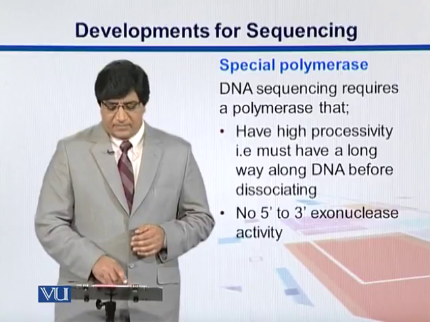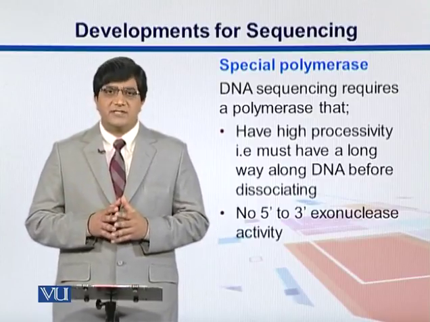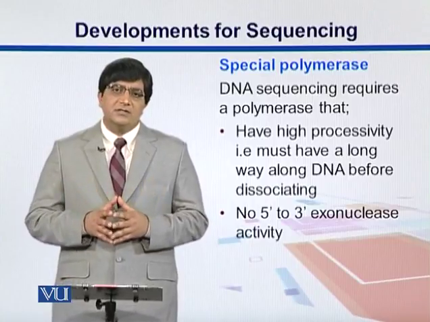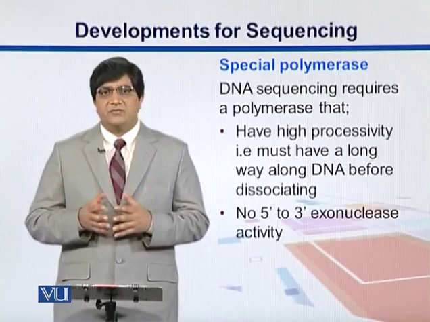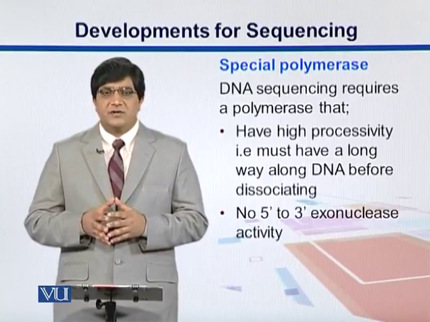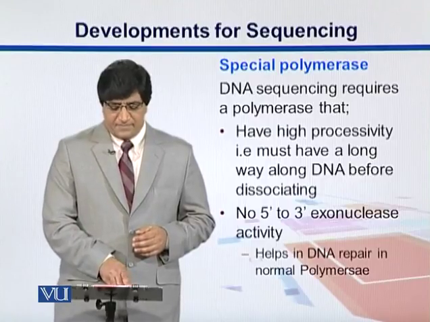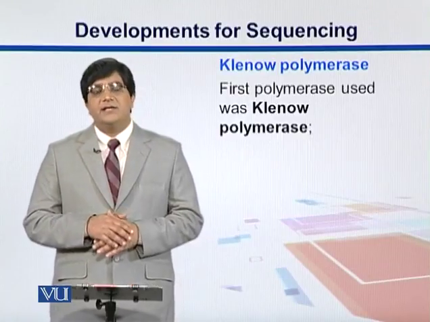Secondly, normal polymerases have 5 prime to 3 prime exonuclease activity, which plays an important role in DNA repair. But during sequencing, we don't want this activity, so we need a special polymerase called Klenow polymerase.